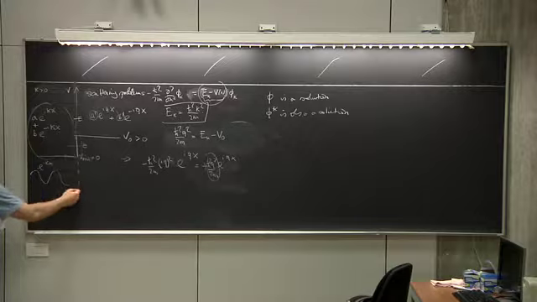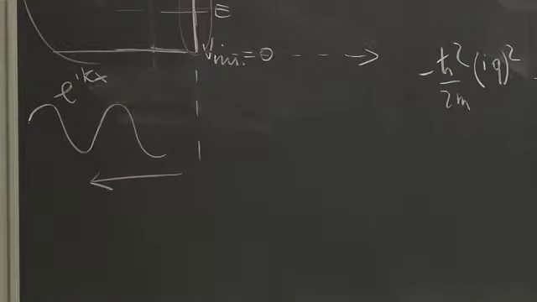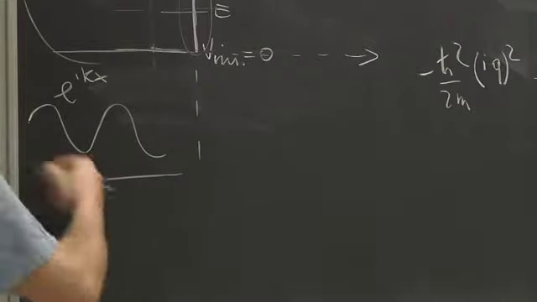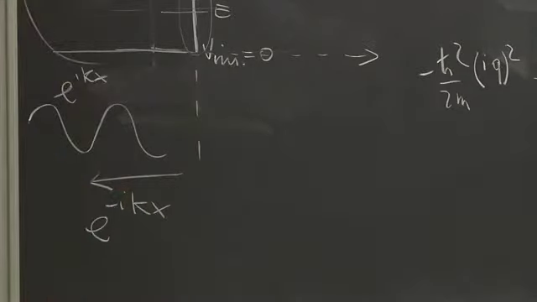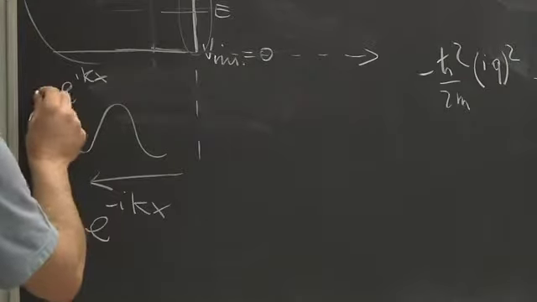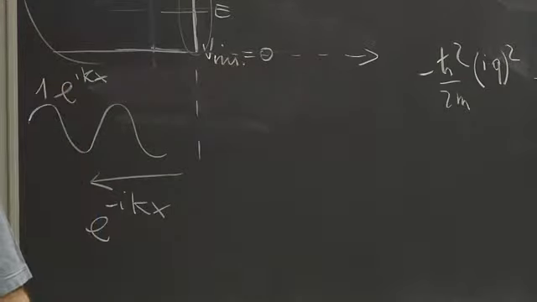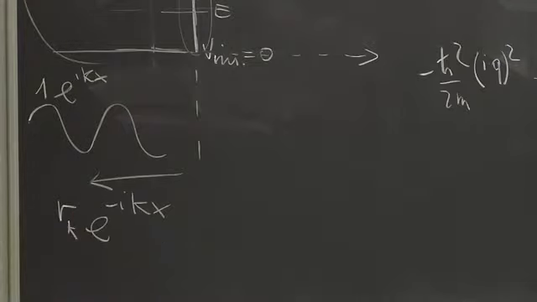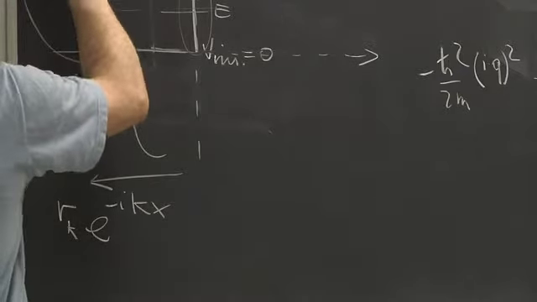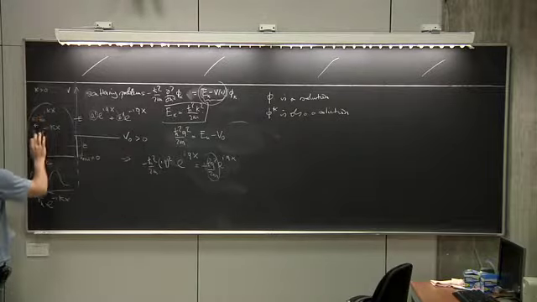A certain wave is reflected back, okay? The wave reflected back will have e to the minus ikx form, okay? And I select this to be with coefficient 1, and this with coefficient r of k. R will stand for the reflected part of the wave, okay? So I put here 1, or if you want nothing, and here r of k.